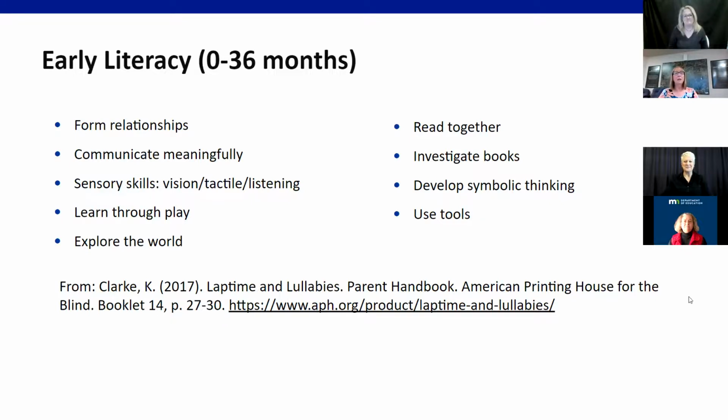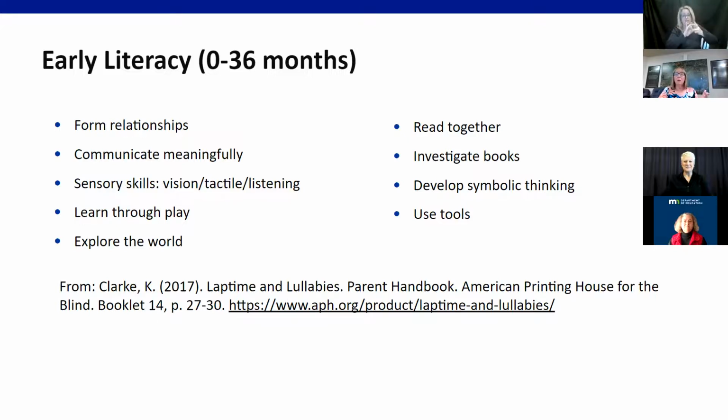Okay, and then this next one is early literacy, and this is the 0 to 36 months, or the first 3 years of life. The first one is forming relationships. Are you seeing a pattern here? Really, all of these areas require forming a relationship, attachment, something with significant others.